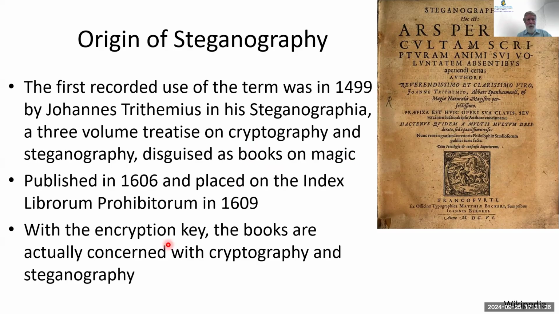Because it looked like magic, the Catholic Church put it on their Index Librorum Prohibitorum, which is a list of books that Catholics were forbidden to read because they were immoral or contrary or heretical. So it was thought to be an evil book. That's because apparently they didn't have the key.